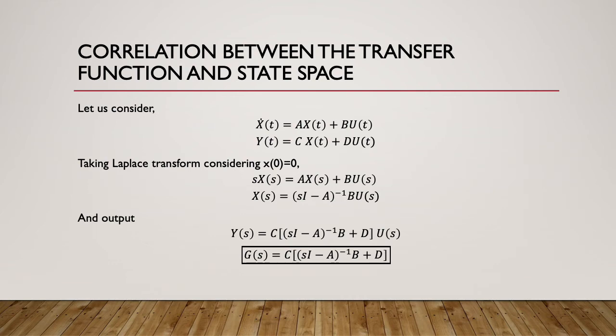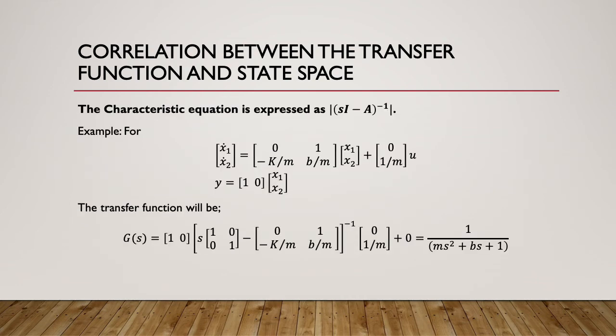The transfer function can be defined if we find the output upon input. Output is Y. If we substitute the value of X(s) into the equation for Y(s), we have Y(s) equals this formula, and the transfer function Y(s) upon U(s) equals C multiplied by (sI minus A) inverse B plus D.